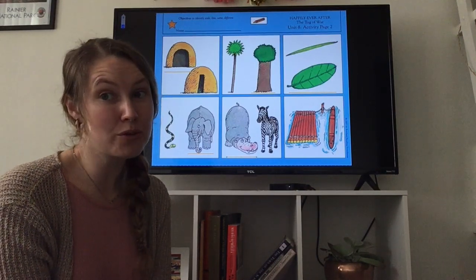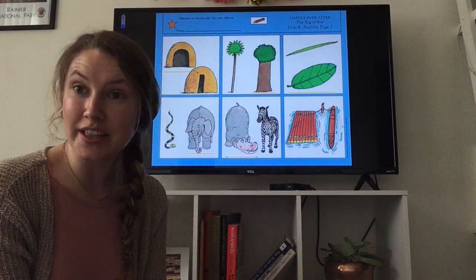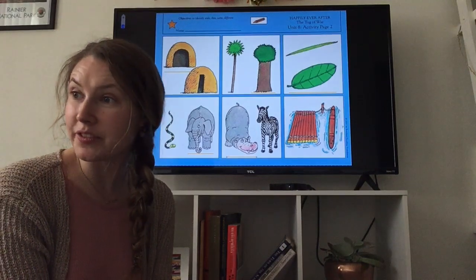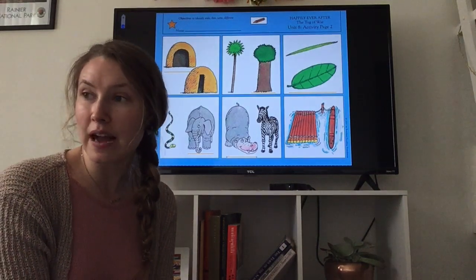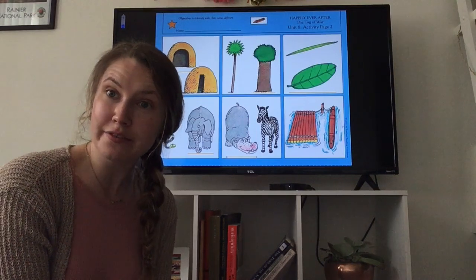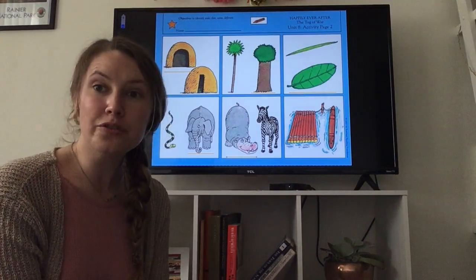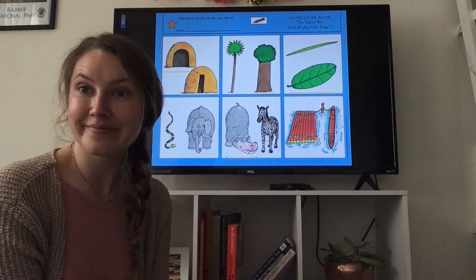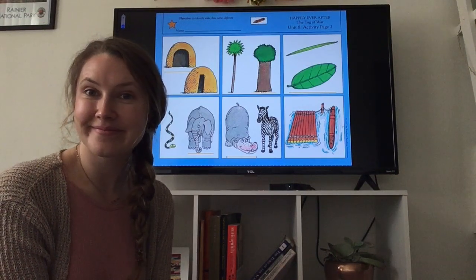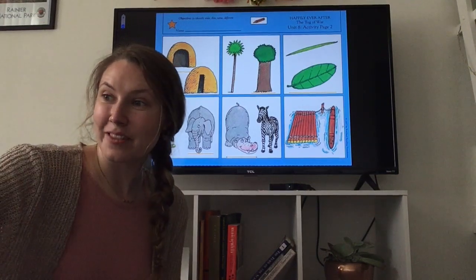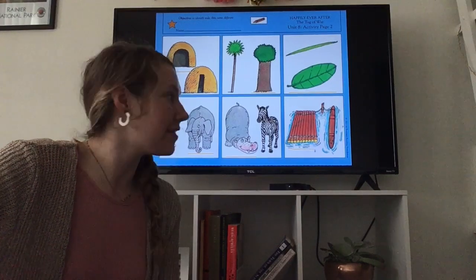Well, one of them is much wider and one of them is much thinner. They're also kind of built differently too. One looks more like a raft, one looks more like a canoe kind of, a thinner canoe. Which raft is wider? The one on the left. Very good. This one is wider.